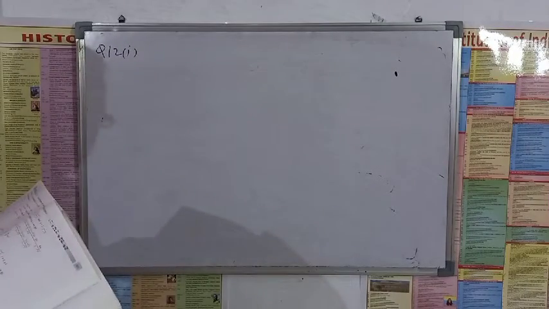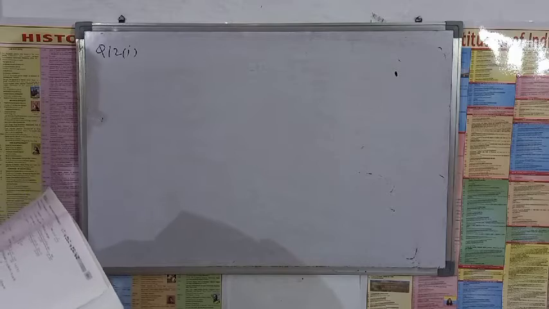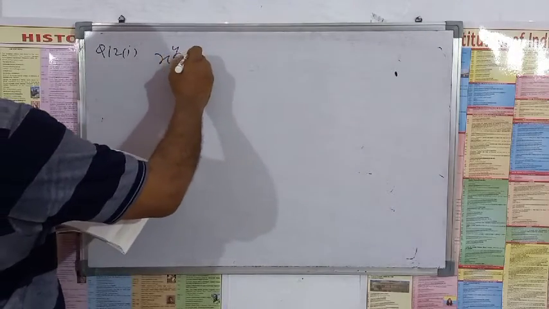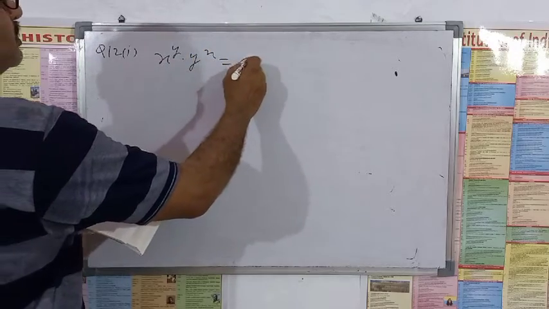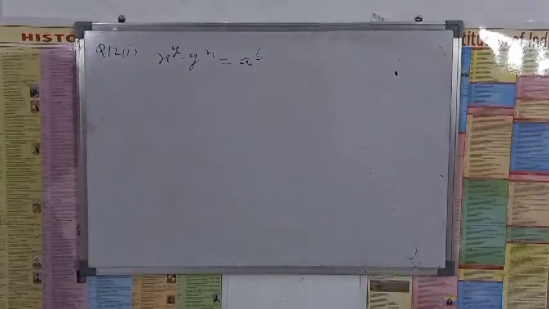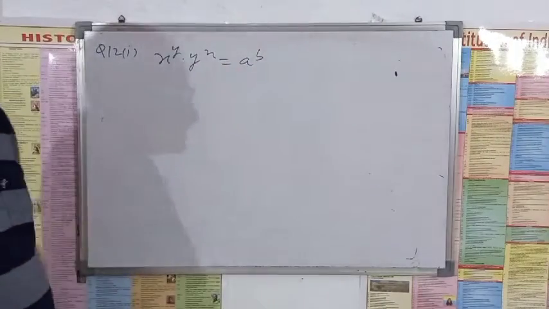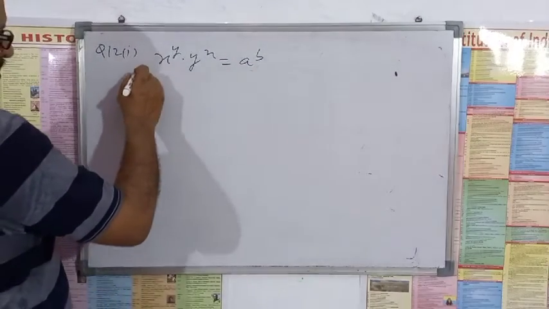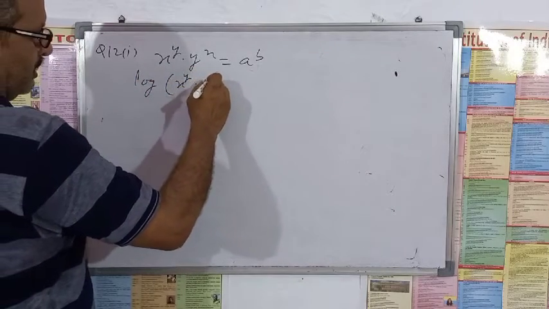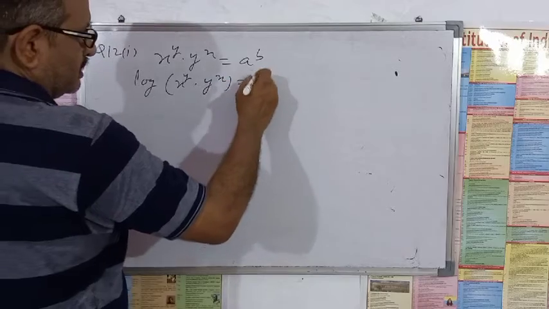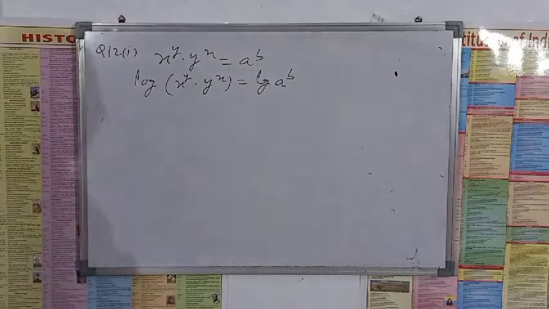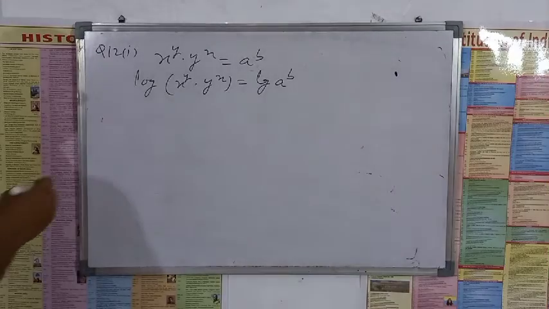It is given x to the power y into y to the power x, that is x^y times y^x, is equal to a to the power b. So taking log on both the sides, we can write log of (x^y times y^x) is equal to log a to the power b.